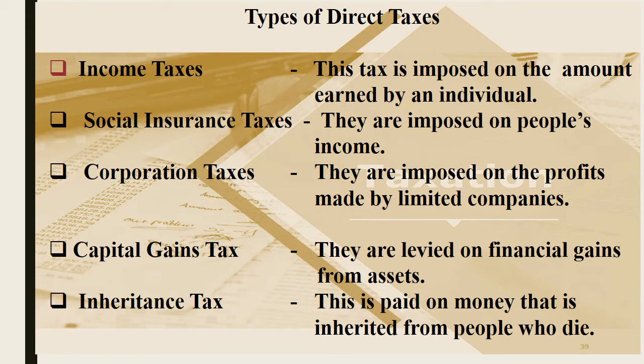Capital gains taxes are levied on financial gain from assets. And inheritance taxes means the tax paid on money that is inherited from people who die.